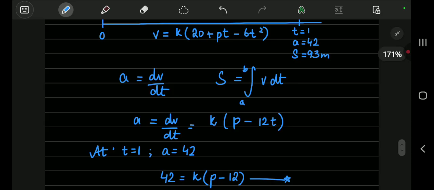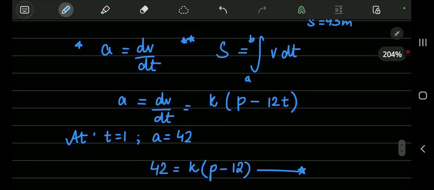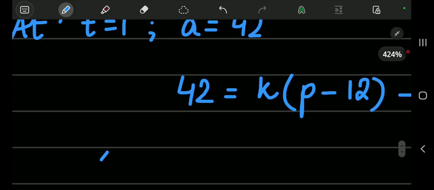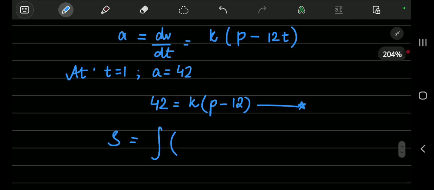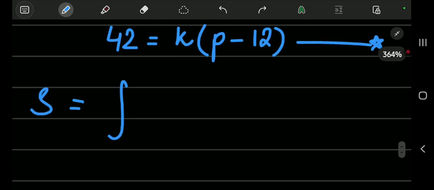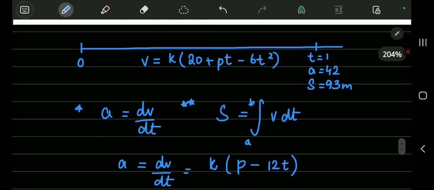The second condition is this. So the distance will be, okay, I said between the limits.